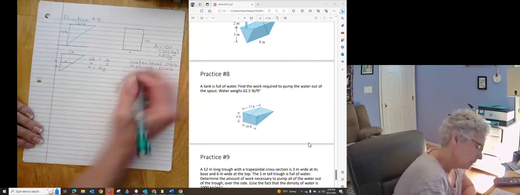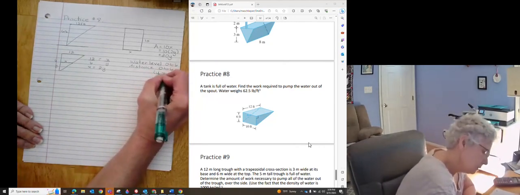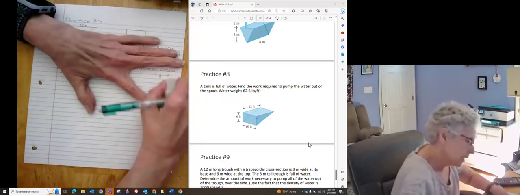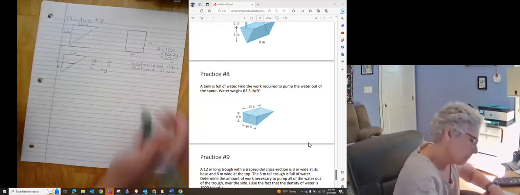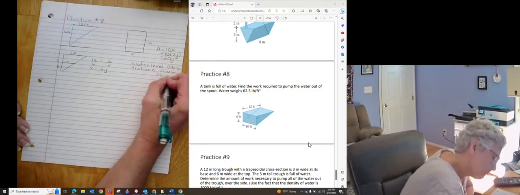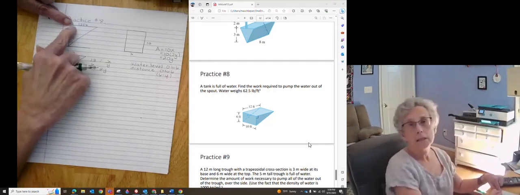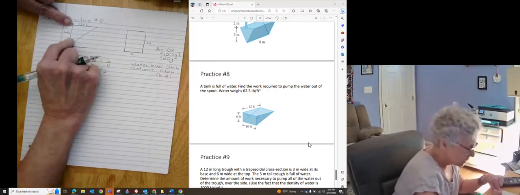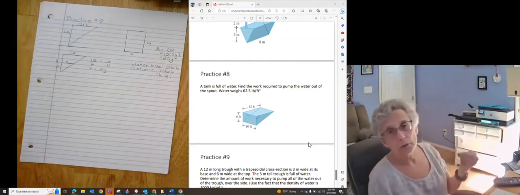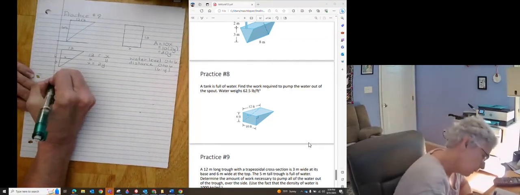Distance is what gives me my 6 minus y, not y minus 6. Because when y is equal to 0, it has to move 6 feet. When y is equal to 3, it has to move 6 minus 3, or 3 feet.